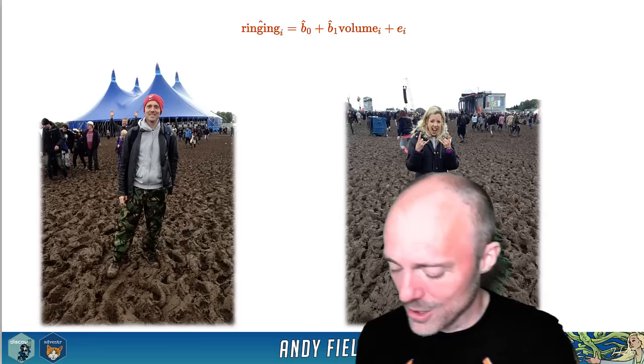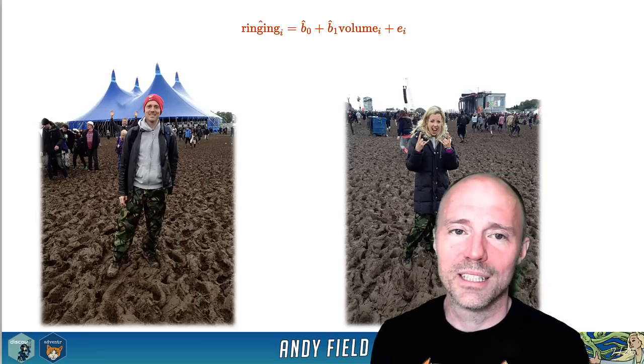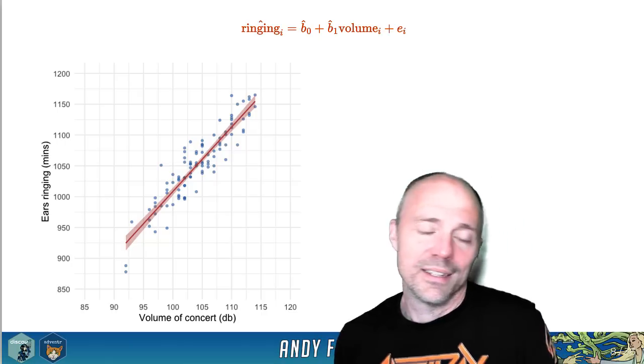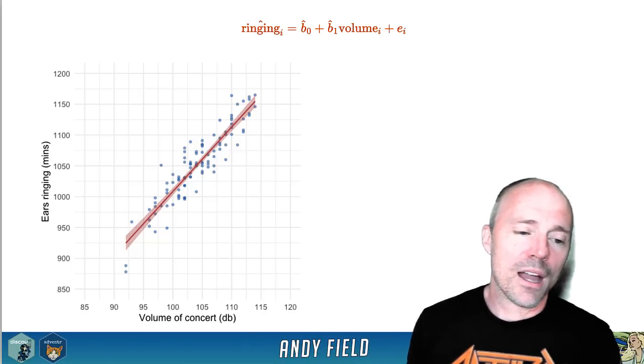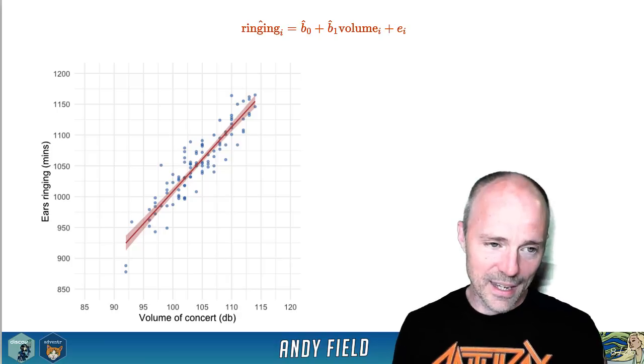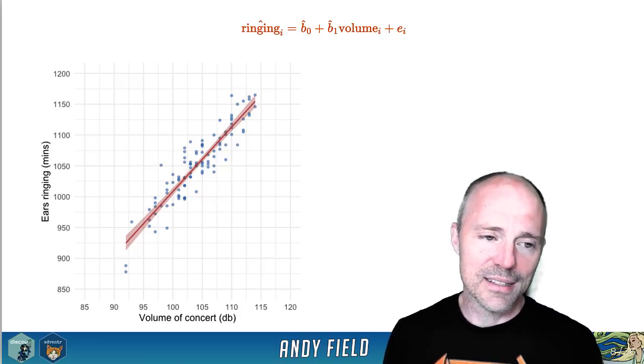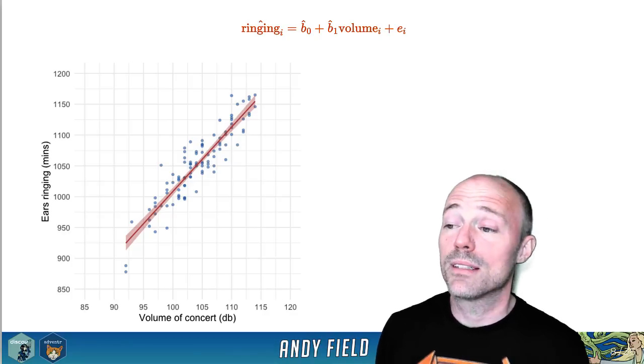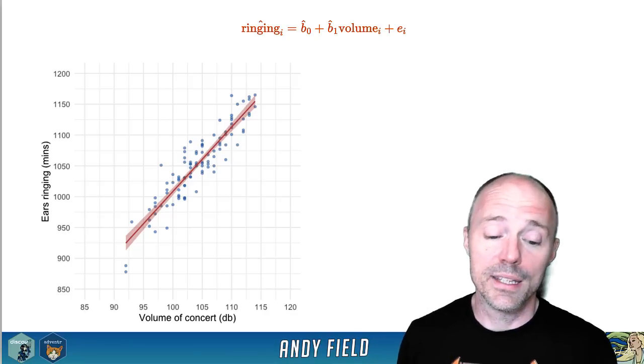And we saw some lovely photos of my wife and I at a very muddy concert. Looking at some made-up data for this, you can see that we can express the data points as a line. So it's summarizing the data points as a line that is represented by the equation at the top of the slide.